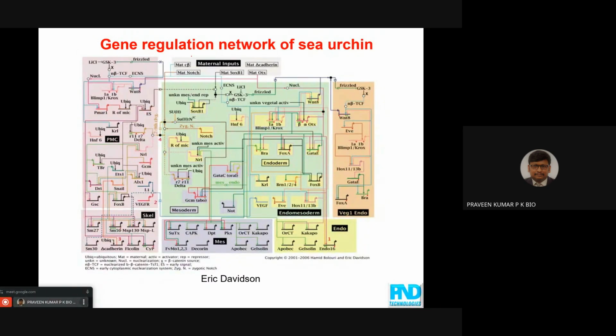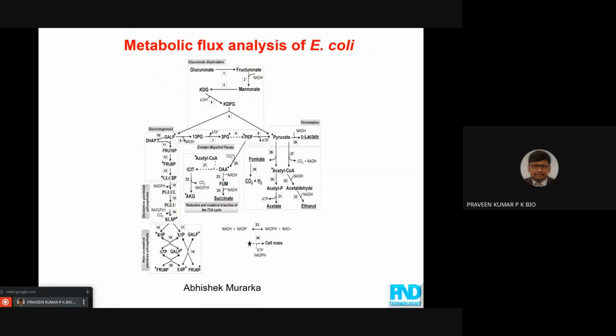Gene regulation network of CRG. Okay, however we find the black lines, the red lines, green lines, that can give you the expression patterns. Metabolic flux, how the metabolites are linked with each other. Even you can find multiple pathways that we can observe. Oxidative pentose phosphate pathway, and this comes under gluconeogenesis, and then the oxidative pentose phosphate, and in the bottom we can see non-oxidative pentose phosphate.